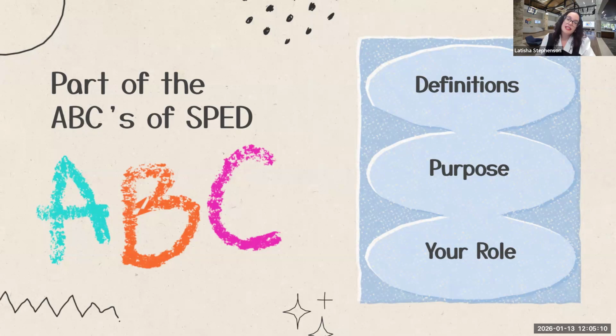I do need to preface this that every district has their own procedures in place, and not every district has the same staff members completing the FBAs and the BIPs. And so, if there are unique characteristics within your district that are a little bit different than maybe some of the things that I say, it's not that your district's doing something wrong.